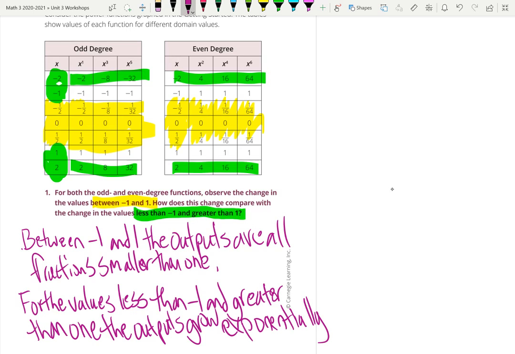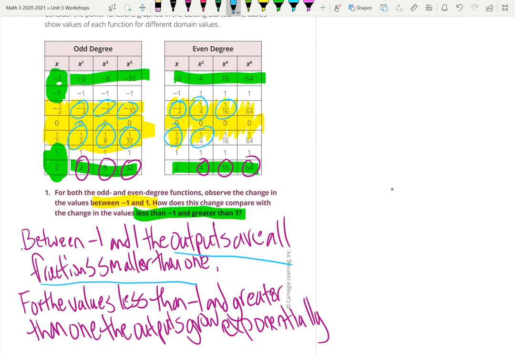Essentially, once I start putting in bigger numbers, when I put in 2, notice how the numbers start to explode, start to grow. Whereas before, the numbers are all fractions between -1 and 1, positive or negative, they were all very small and close to 0, either on the left side or on the right side.